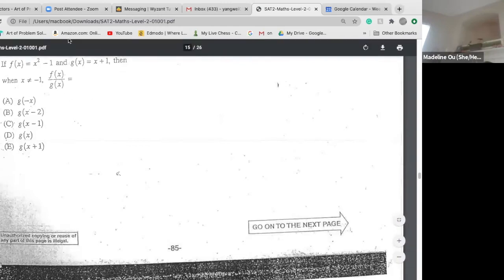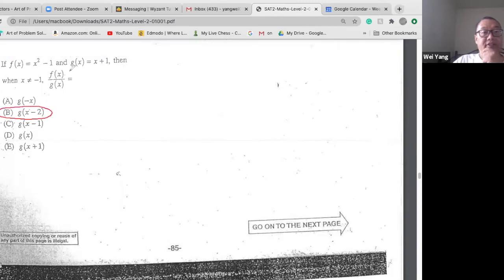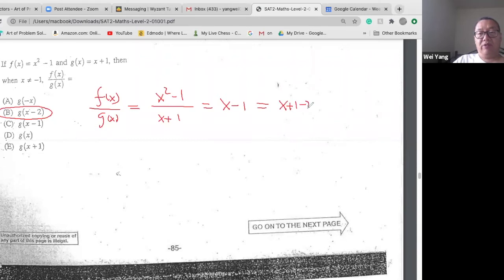B. This one. Now let's see. f(x) equals this, g(x) equals this. Then when x is not equal to negative 1, f(x) over g(x) will equal x squared minus 1 over x plus 1. You get x minus 1. X minus 1, you can write this one as x plus 1, then minus 2.